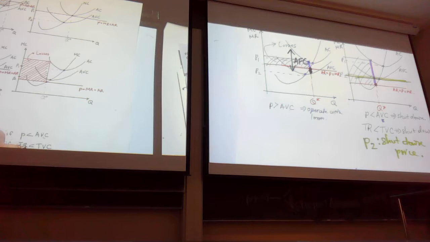If the price is lower than P2, stop operating, shut down, because the shutdown price is P2. And price P1 is the break-even price. Yes? 4 cases all together, side by side. Any questions?